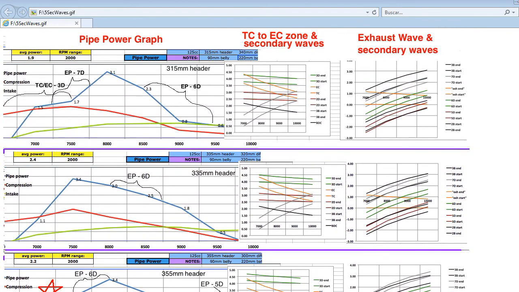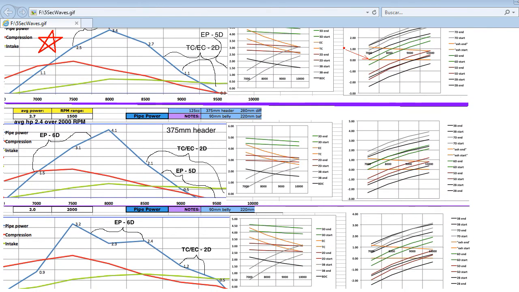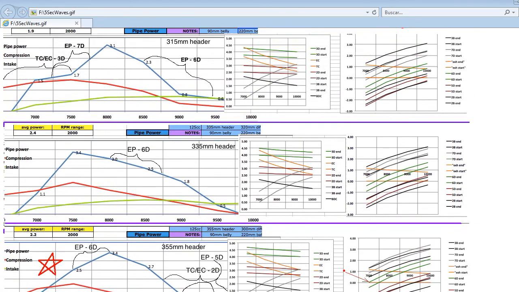It's just also another point that's important to note is how the secondary waves affect the wave shape of the power band, and how these cheap programs, they're either free or like $25, do not incorporate the secondary waves, so they can't tell you what shape the power band is going to be and whether or not you've lost overall power or not.